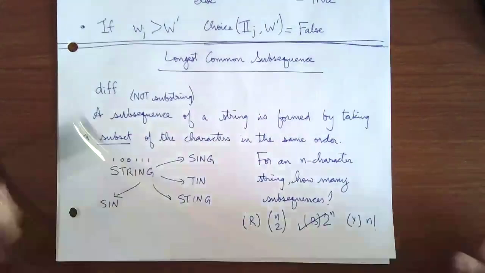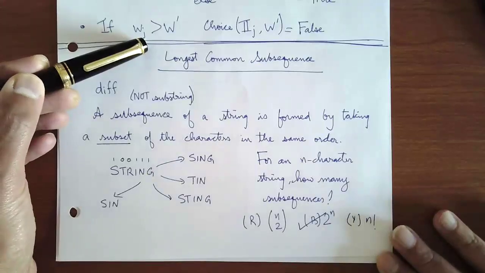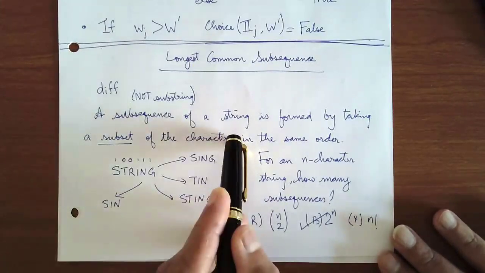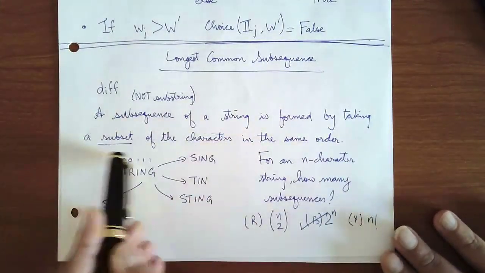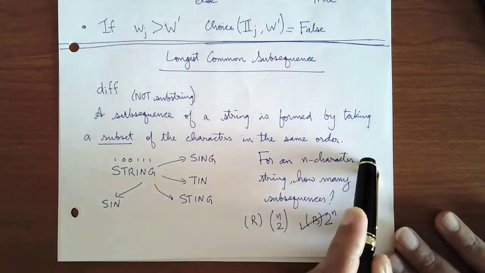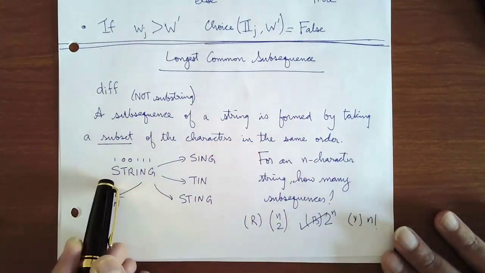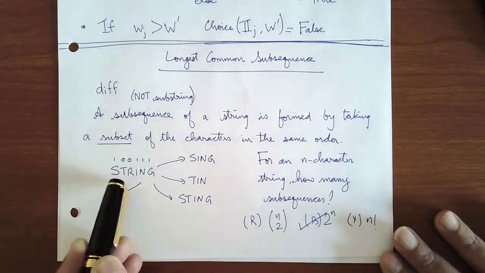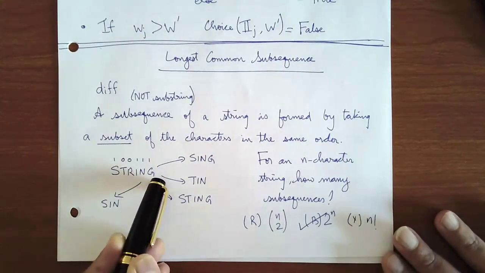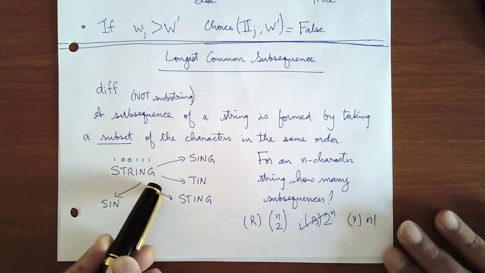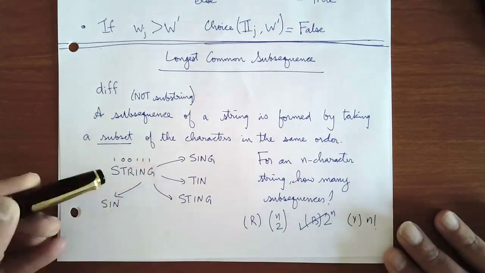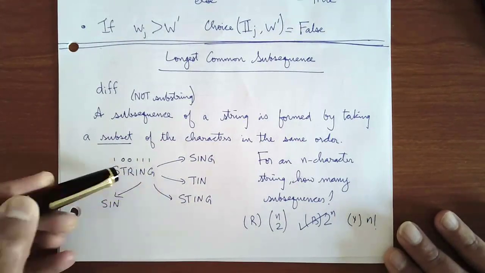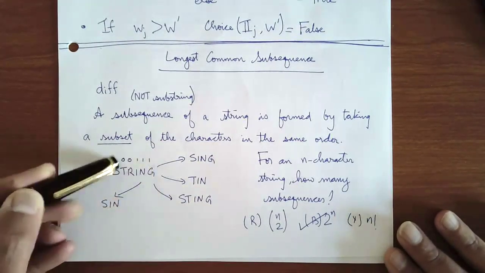So in the problem of longest common subsequence, first we discussed what a subsequence is. A subsequence of a string is formed by taking a subset of the characters in the same order. For example, if you take the word string, you can take any subset of the characters in that order. You could take sing, sin, ring, tin, t, n, g, any combination.